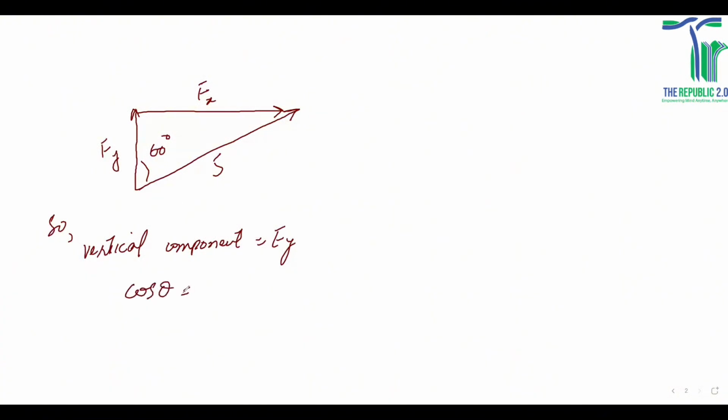So cos theta would be equal to, so CAH, adjacent over hypotenuse. Adjacent is Fy, and the hypotenuse is F. So Fy this time is going to be F cos theta.